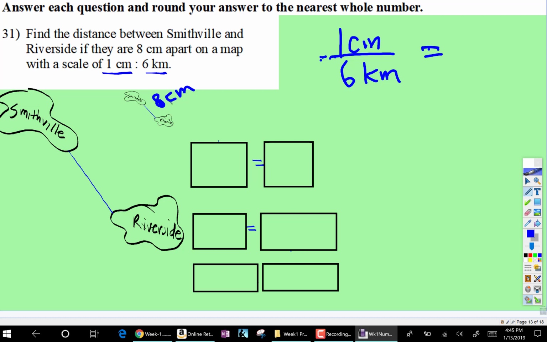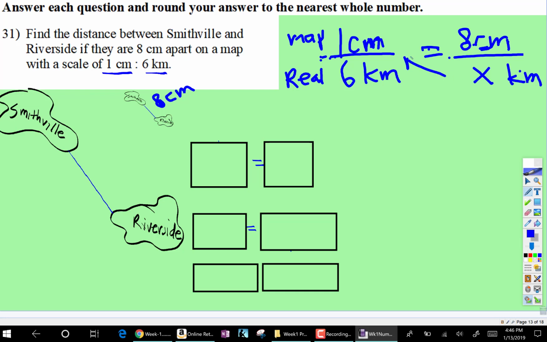Well, 8 centimeters. So notice the centimeters. This is the map and this is real. So I would put 8 centimeters, and we need to know the exact distance, and this would be in kilometers. So you could cross multiply. Notice I'm comparing the map to the real.